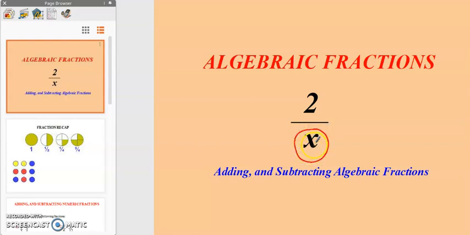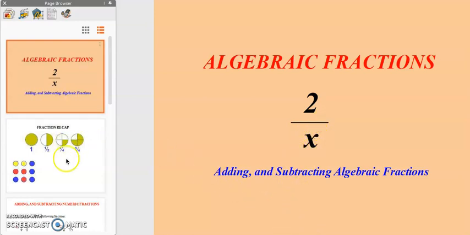So we'll explain all of this in detail. Something like 2 over x. Come on, what is that? This is like mixing English and mathematics very explicitly right here. So we'll go through that.